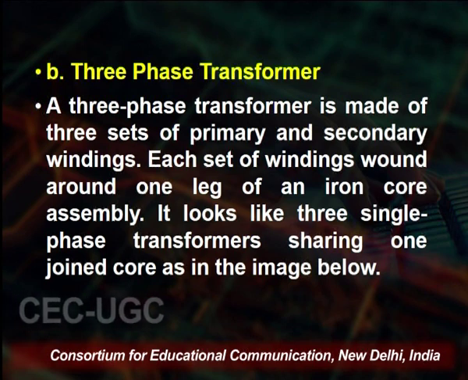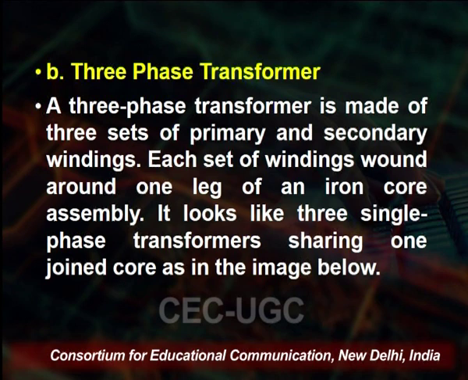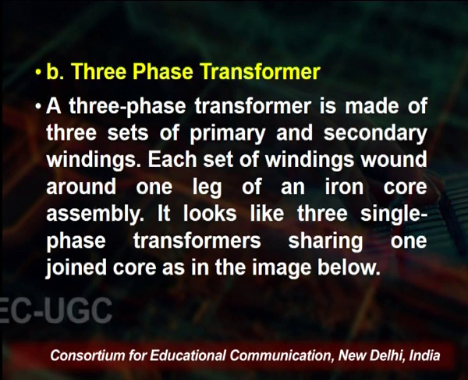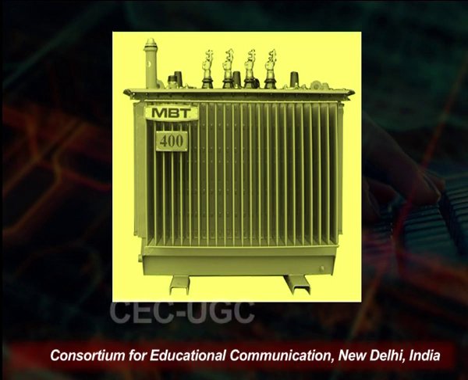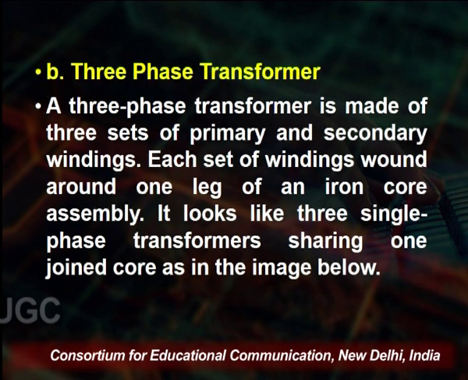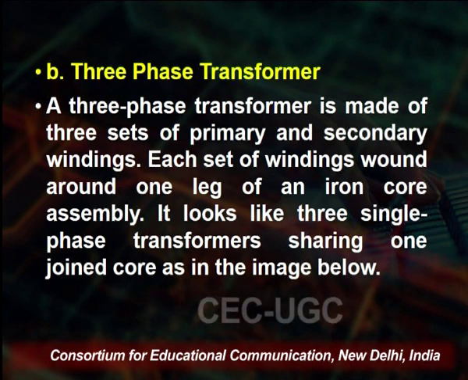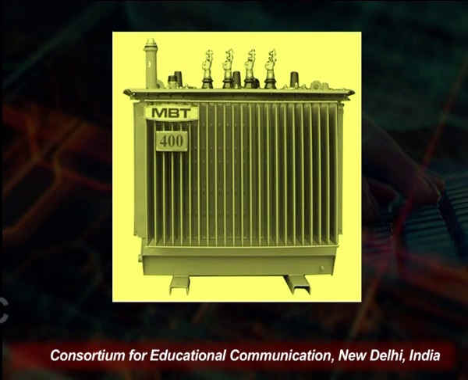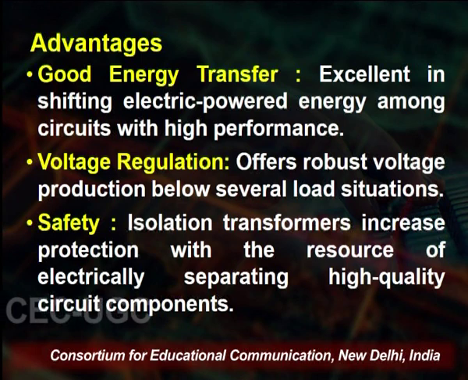It looks like three single phase transformers sharing one joined core, as defined in the diagram. You see it here, we have one leg of the iron core assembly, right. It looks like three single phase transformers. So, this is the three phase transformer.